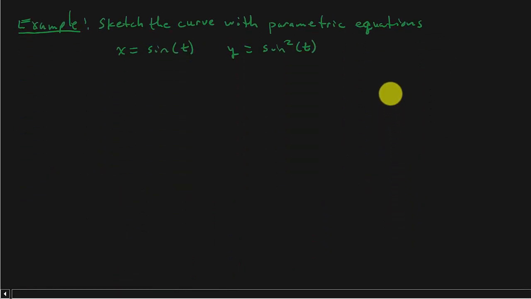All right, so let's look at this one. I've got x equals sine t, y equals sine squared t. Oh, that's a little different. This one is not so much about a lot of work to show, as about reasoning through it.